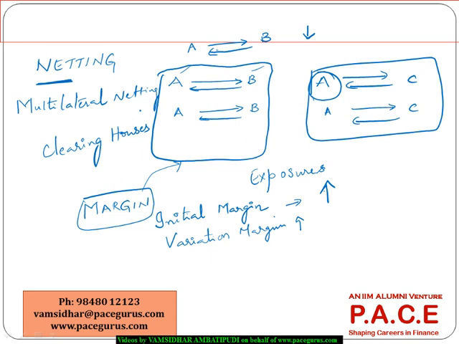So margin and marking to the market for those margins is another way that you can reduce your counterparty risk. In general, when we have to address our counterparty risk, the various exposures to each of the counterparties need to be measured accurately. Most important thing. Undervaluation or overvaluation will result in increasing my risk.